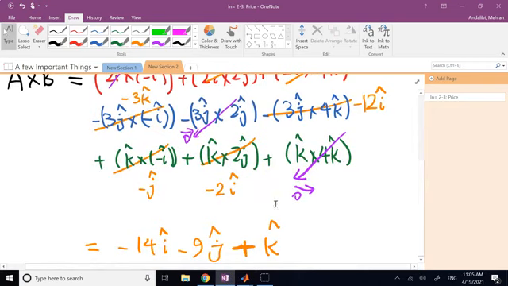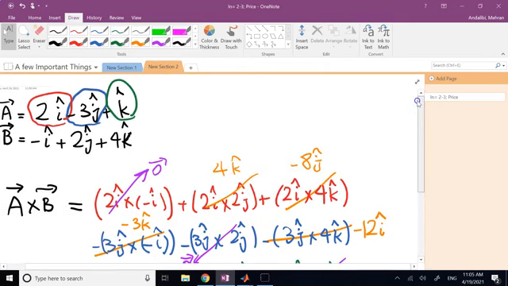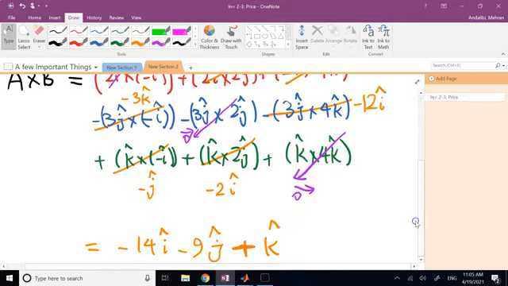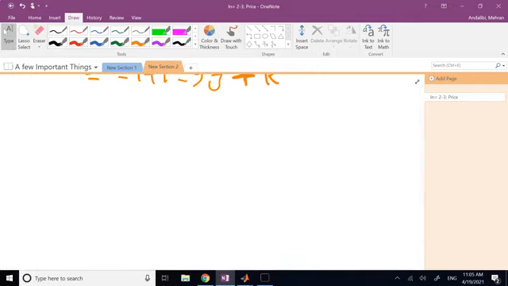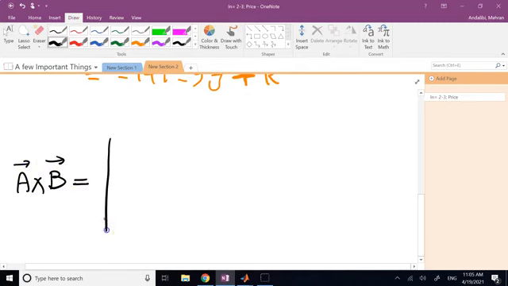But what I want to show you is not any of these. What I want to show you is Sarrus's method, or Sarrus's law, which can carry out this cross product using a 3x3 determinant a lot faster. So what Sarrus's method says is, if I want to do A cross B, I form a 3x3 determinant.